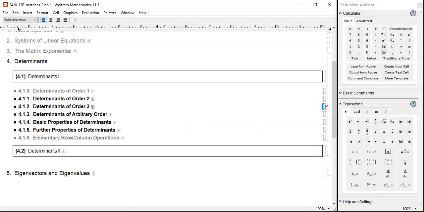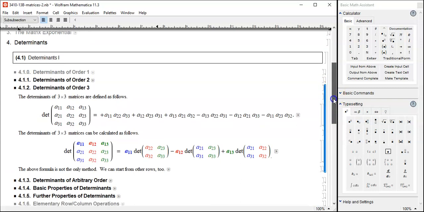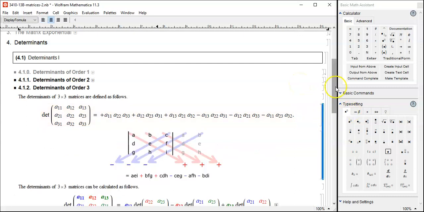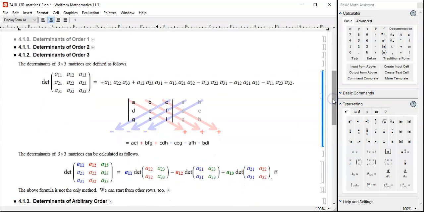How about determinant of order 3? Now, here's one way to describe it. The crisscross rule associated to determinants of order 3. So multiply all these diagonals in the principal direction, positive direction, and the other diagonals in the negative direction, and add them all up.